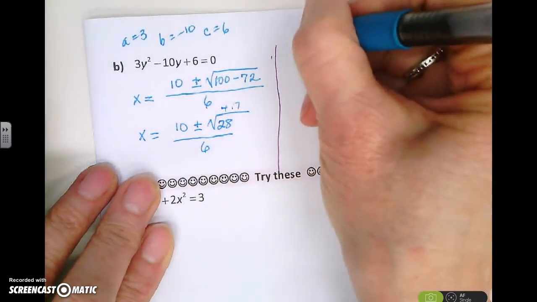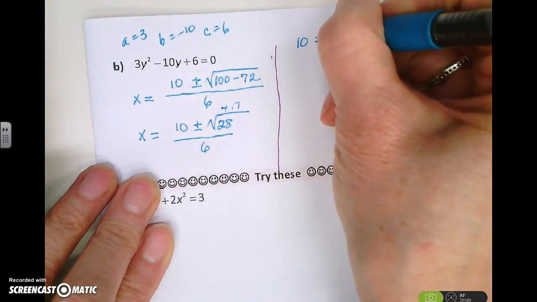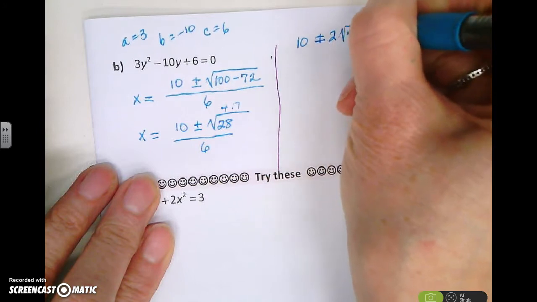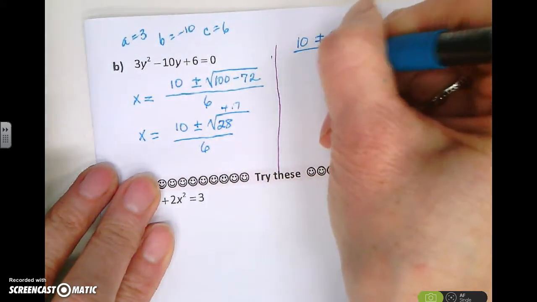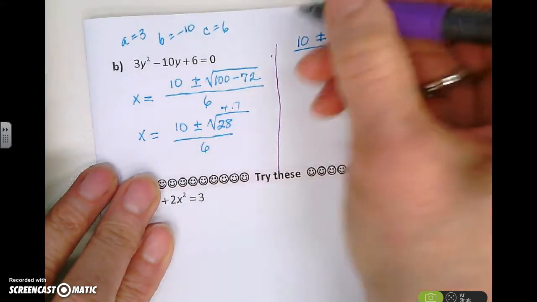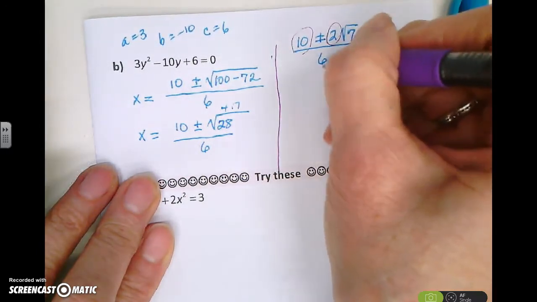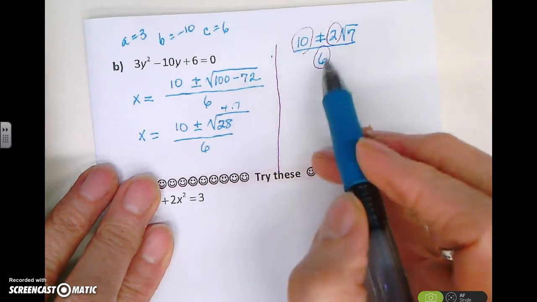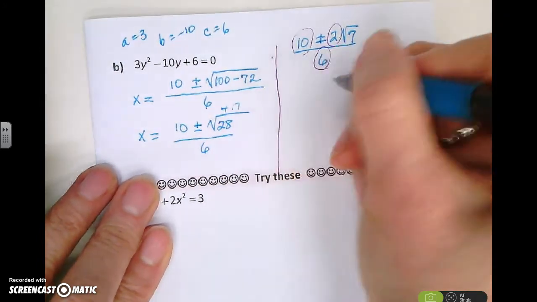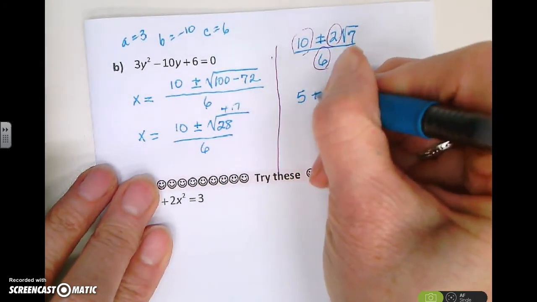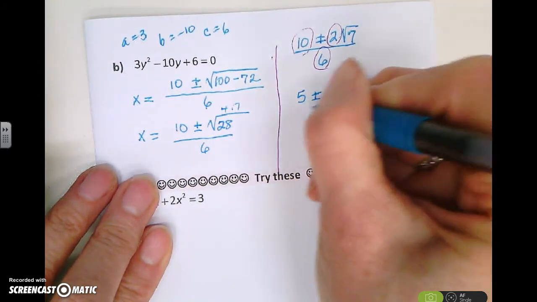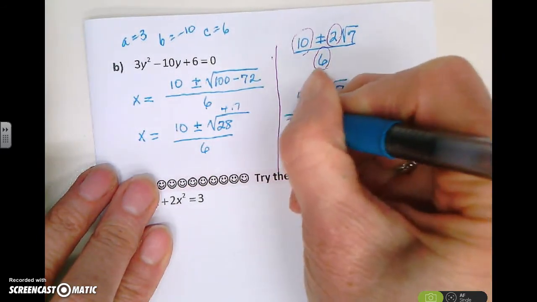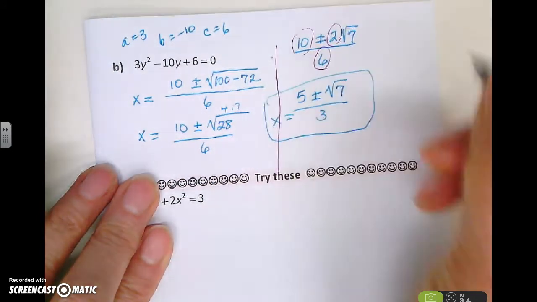So that's going to be 10 plus or minus 2 radical 7 over 6. And at that point, we're going to notice that 2 goes into all 3 of these spots. So I'm going to reduce this by 2, and I'm going to get 5 plus or minus the square root of 7 over 3. And that's equal to x.